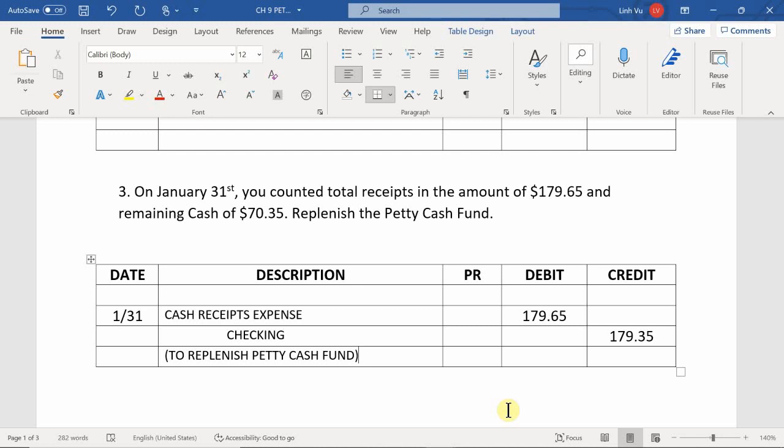And the whole goal of a petty cash drawer is that its account balance must always stay whatever you establish it at. If I establish it at $250, it must stay $250 all the way until you close it. Okay? So in this case, if I have a lockbox with $179 worth of receipts and I have $70 remaining in cash, how do I take that $179 and convert it into cash?